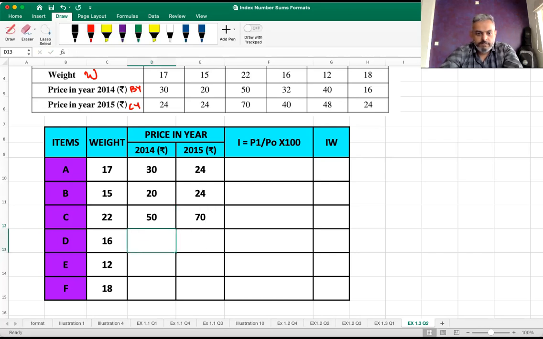Now, go through the question properly. You have written properly. Yes, always cross verify. Index later, we write the formula first.